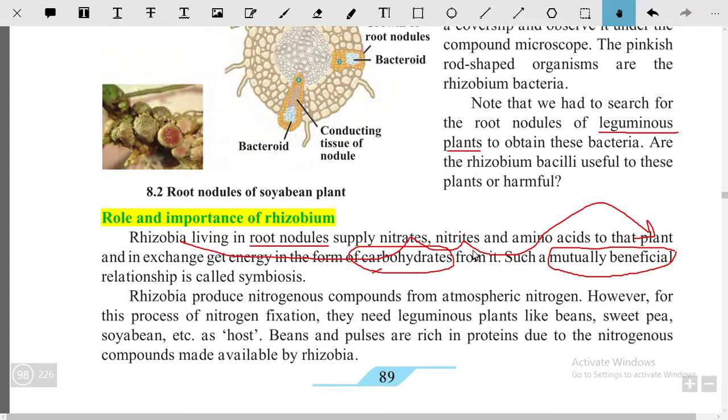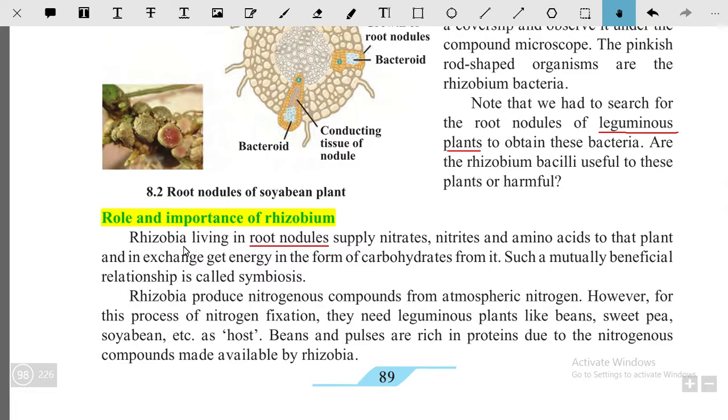What is symbiosis? Symbiosis means the rhizobia, the microorganism, will supply nitrates, nitrites and amino acids to the plant, and in exchange it gets energy from the carbohydrate, and such a mutually beneficial relationship is known as symbiosis.